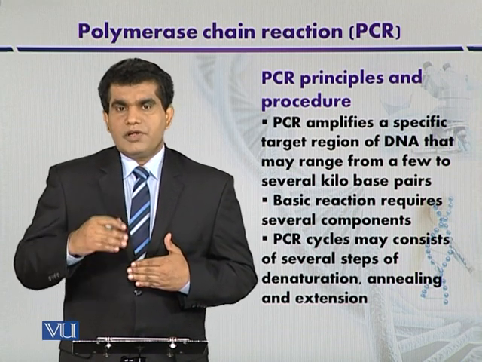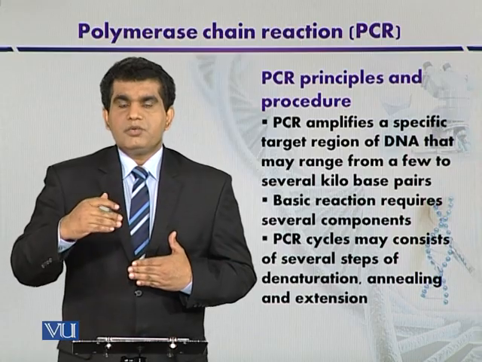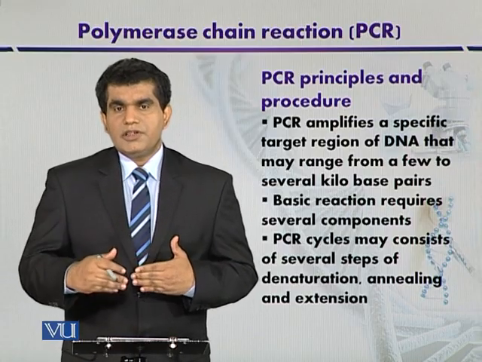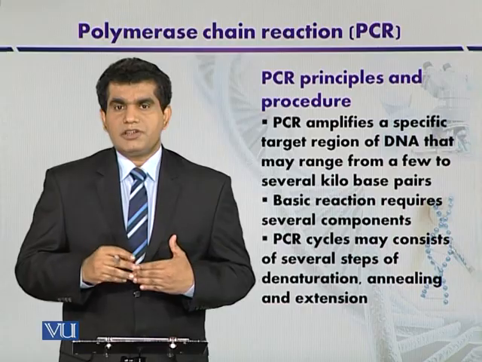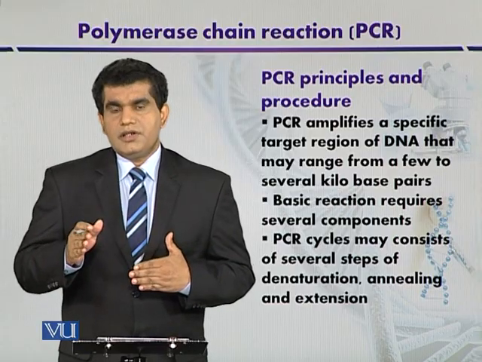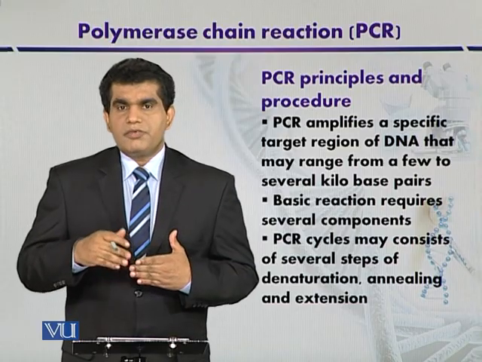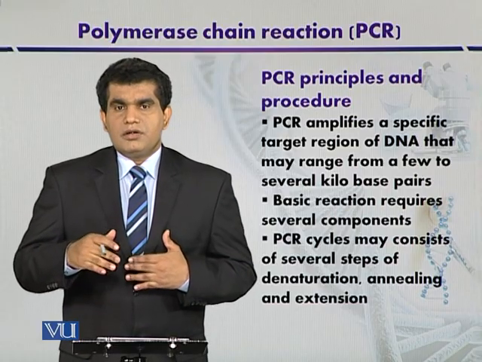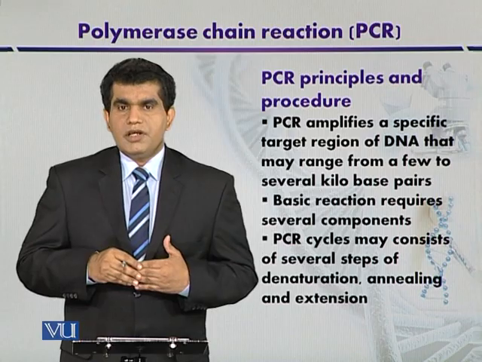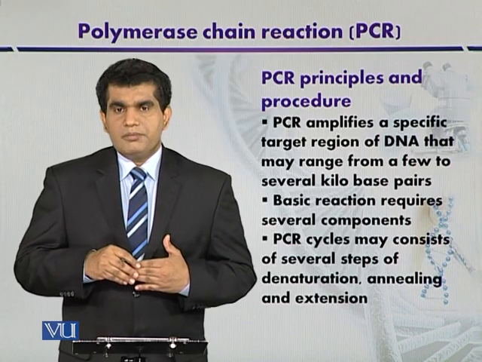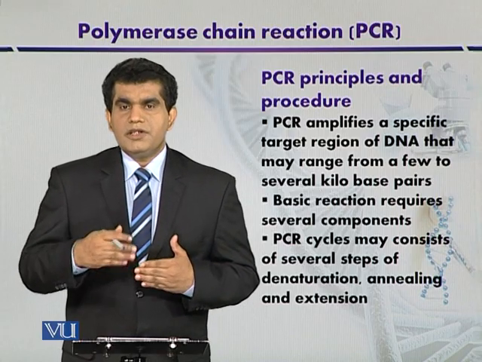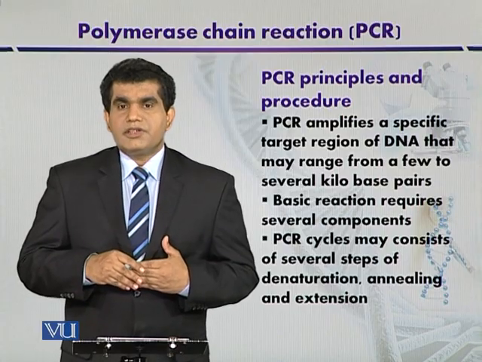So after annealing of the primer to the target sequence, the next step is the extension step, where in the presence of DNA polymerase, dNTPs, and buffer solution, it can cause the elongation of the DNA in the 5' to 3' direction, so that the DNA is now extended.